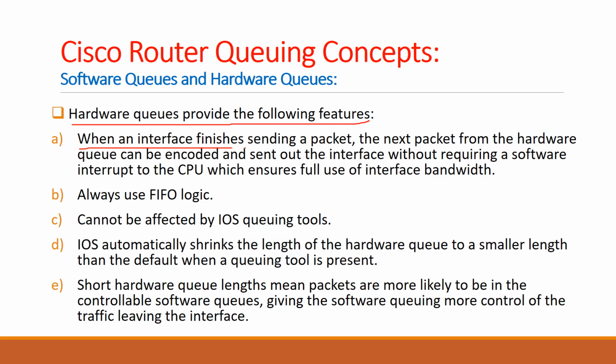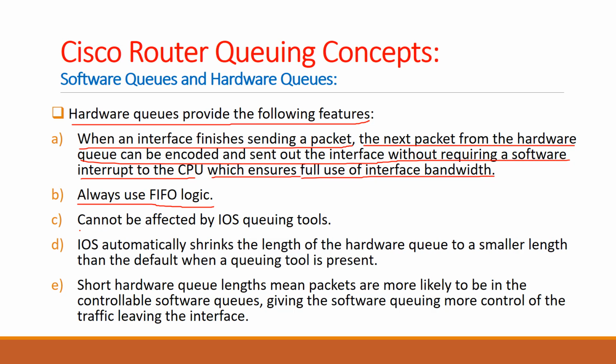When an interface finishes sending a packet, the next packet from the hardware queue can be encoded and sent out the interface without requiring a software interrupt to the CPU, which ensures full use of interface bandwidth. The second feature is that the hardware queue always uses first in first out logic. This makes the decision faster.